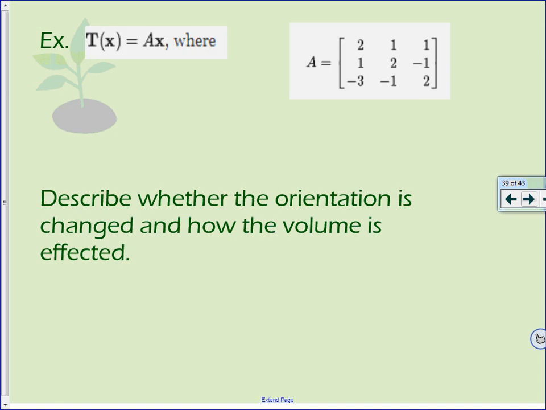Okay. So, go ahead and tell me whether the orientation's changed and how the volume is affected for this one, if A is your multiplication that achieves the transformation.